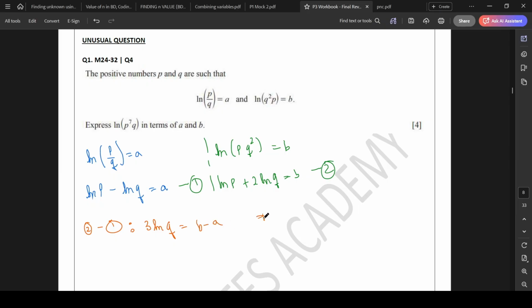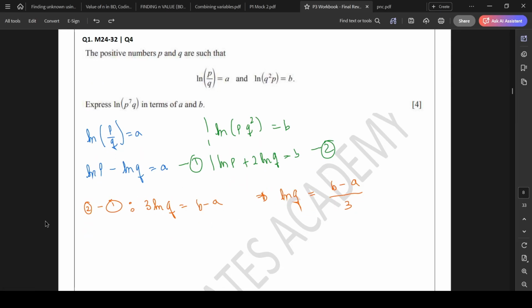So from here, what is the conclusion? The value of ln q in terms of a and b comes out to be b minus a over 3. Now, how can I find the value of ln p? I can find the value of ln p by substituting ln q in either equation 1 or equation 2.